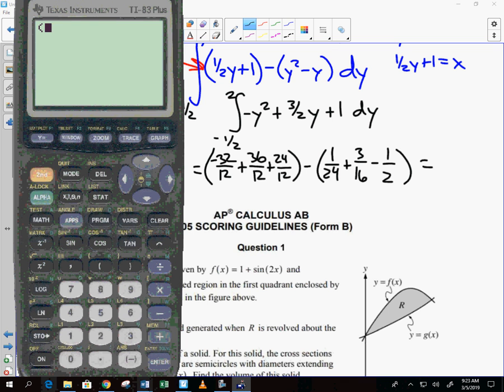So we go negative 32 over 12 plus 36 over 12 plus 24 over 12, parentheses minus parentheses 1 divided by 24 plus 3 divided by 16 minus 1 divided by 2. And I hit that math button, convert to fraction, and it gives me 125 over 48.